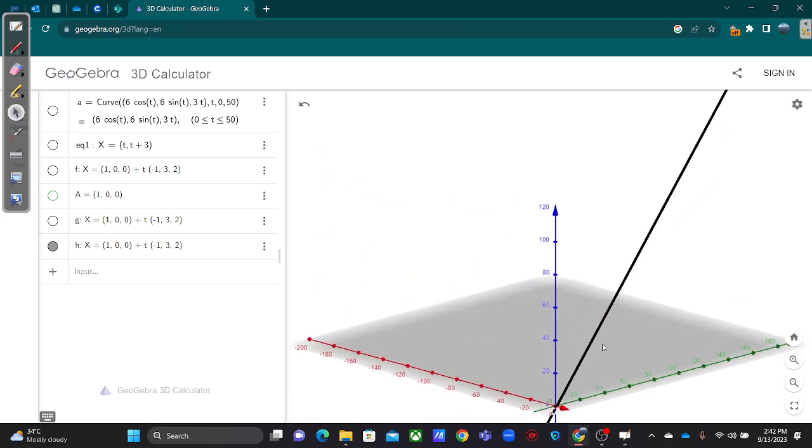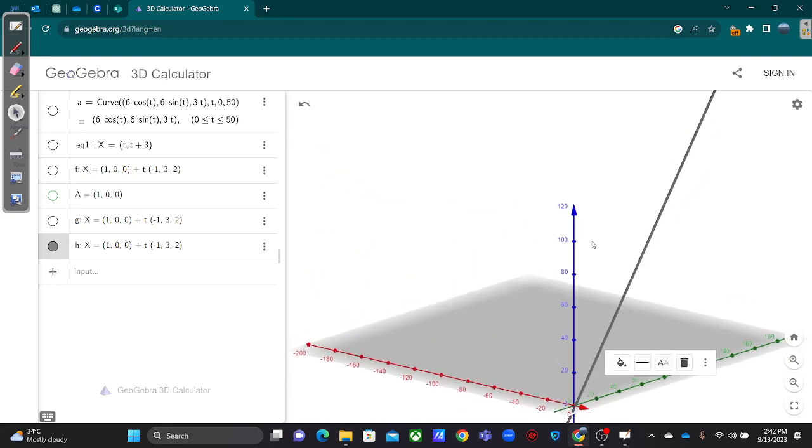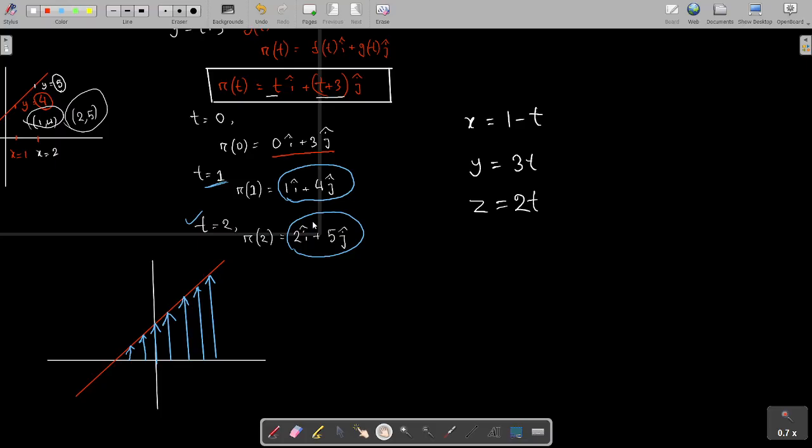Now we can generate this function by some vectors, right? So the vector form of this function looks like this: r of t equal to 1 minus t i plus 3t j plus 2t k. This is our vector valued function.